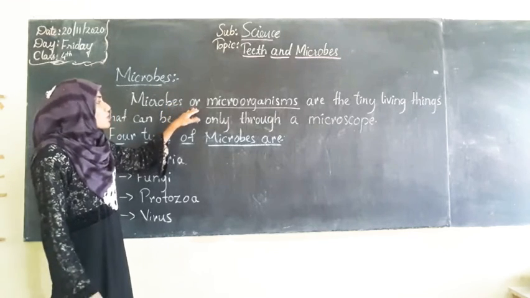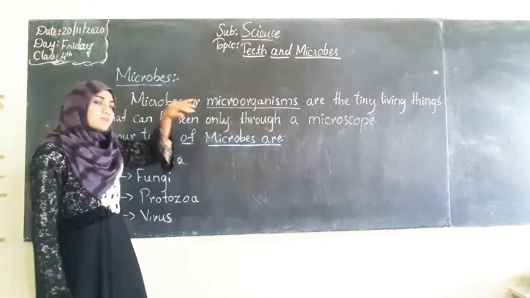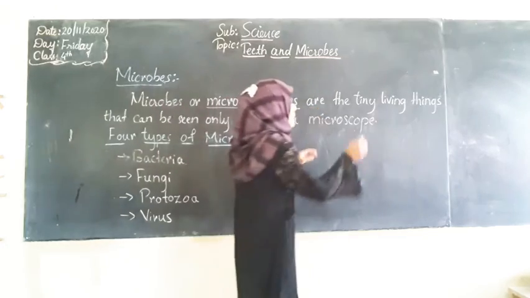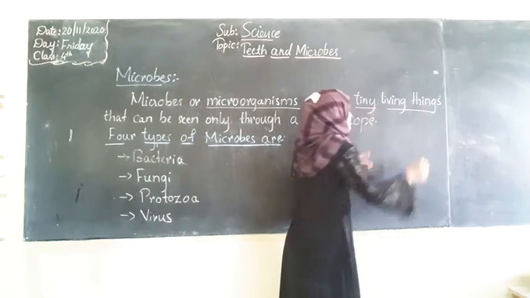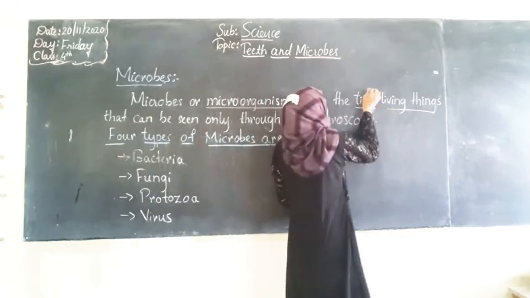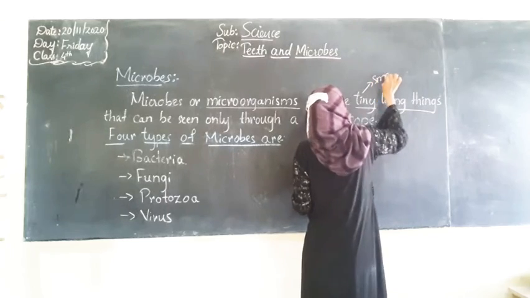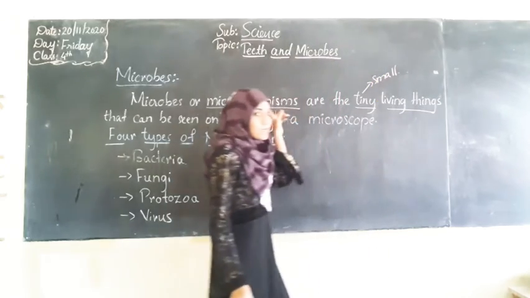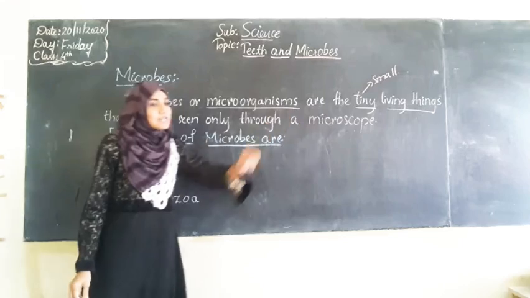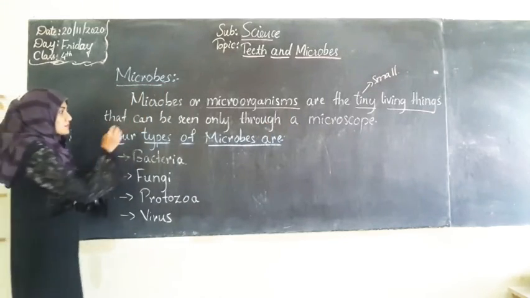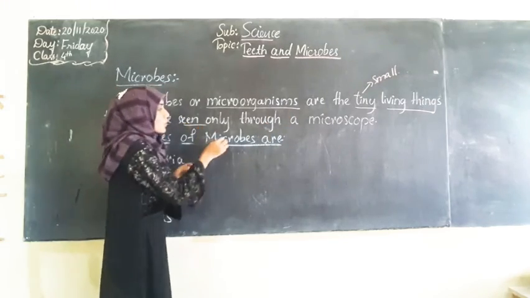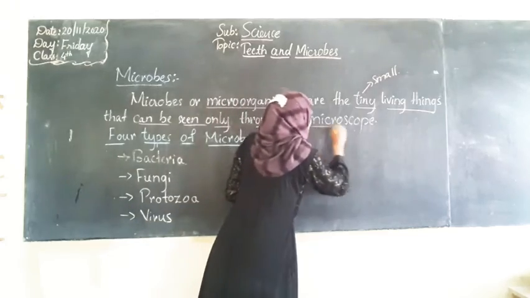Microbes or microorganisms are the tiny living things. Tiny means small. Microbes are the tiny living things that can be seen only through a microscope.